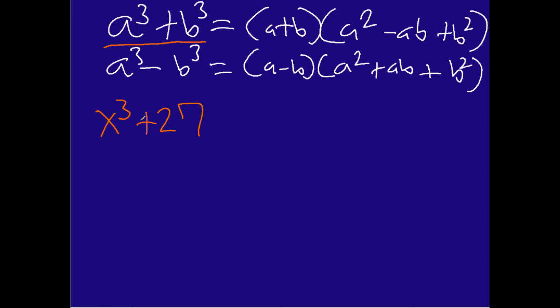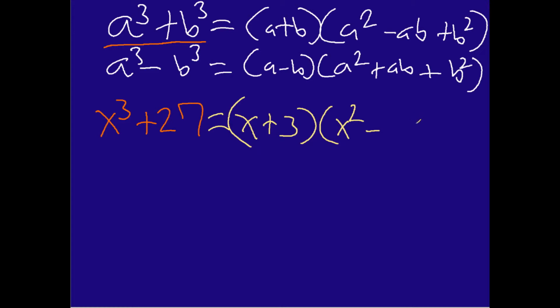In this particular situation, the x is going to represent the a term, and the 27 represents the b term. So first I cube root it, and what I get over here off to the side is x, let me put that in parentheses, plus 3, because 3 cubed will give me 27. And then after that, I will have x squared minus a times b.